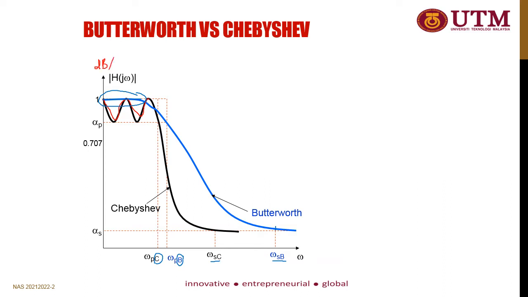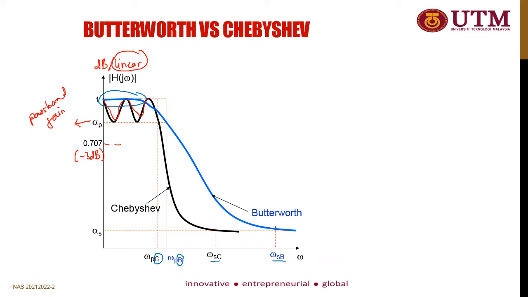Either in dB or in linear, but in this case it is linear. The maximum amplitude of the filter is 1, and then alpha P is the passband gain. Usually we will be using the dB values, and 0.707 is equal to minus 3 dB. This is where the cut-off frequency takes place.